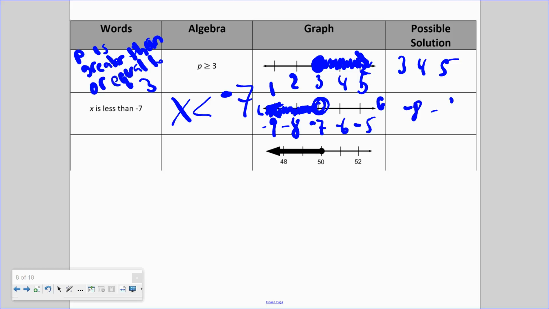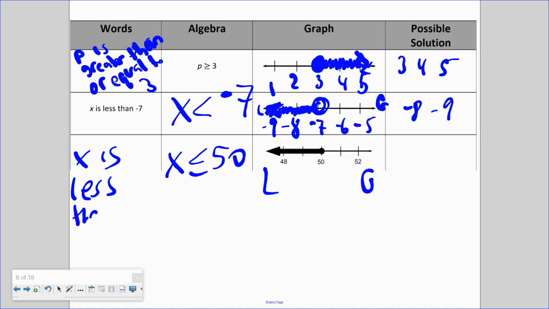So -8, -9 are possible solutions. Least to greatest. So in this number line, the numbers are less than 50. X is less than 50, but it's a closed dot, so it's equal. So X is less than or equal to 50, such as 49 and 48.